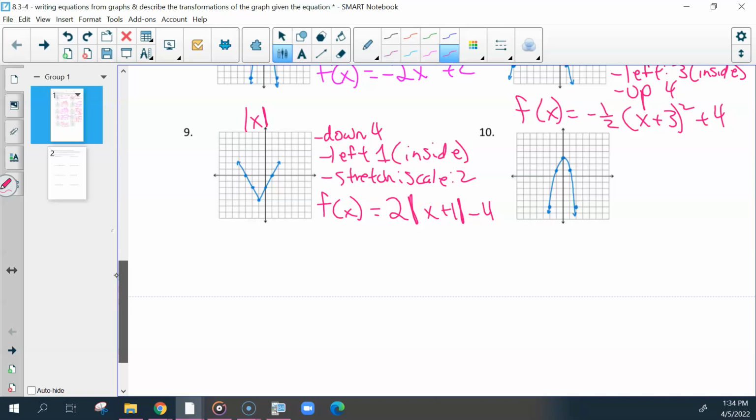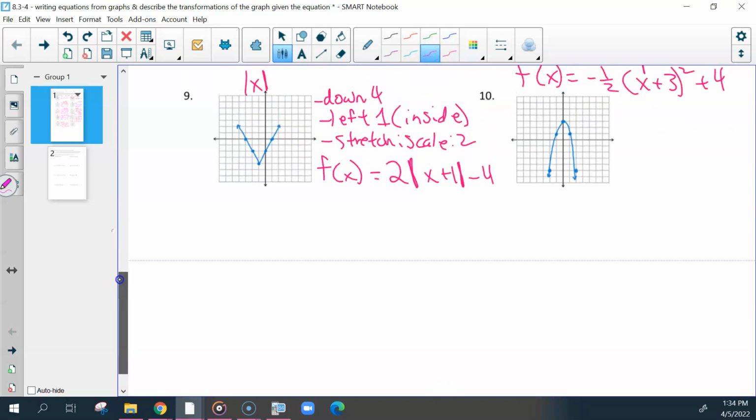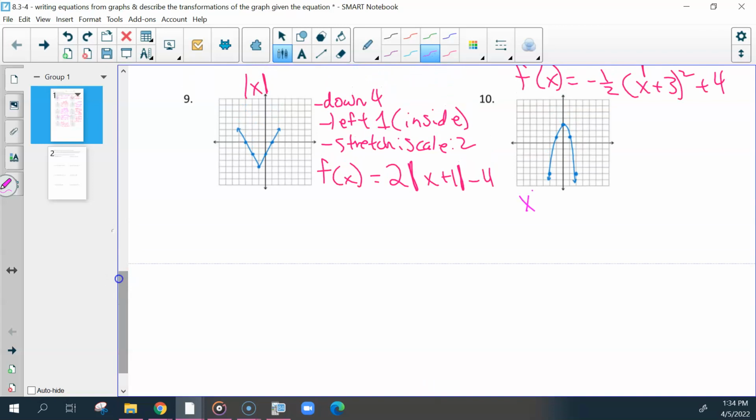Last one. This is which type of function? X squared. And what happened to it? It flipped. I'm just gonna write flip instead of writing all of that. What else? Up.